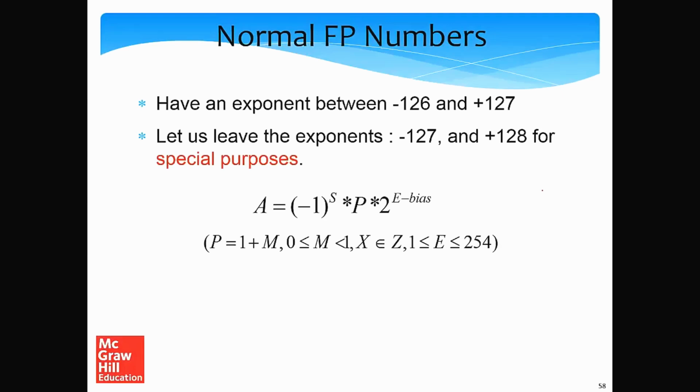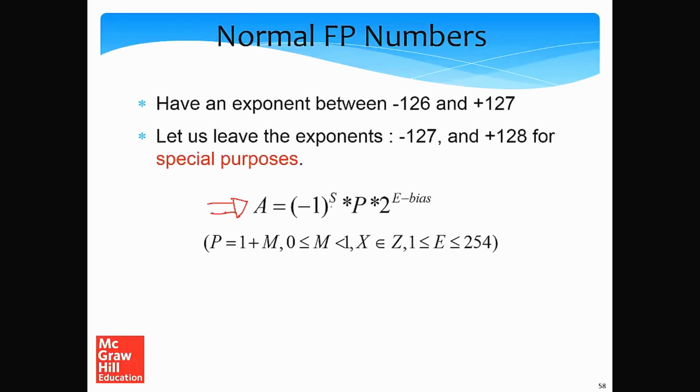Now the standard form or the normal form of a floating point number in IEEE 754 format is exactly what we had seen before, with a little bit of modification.